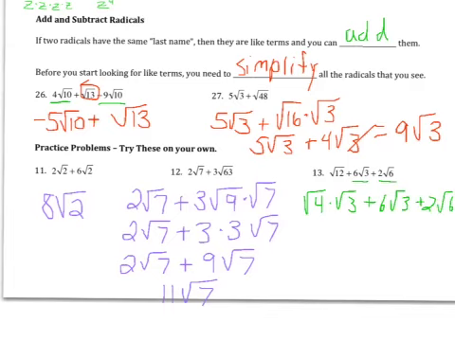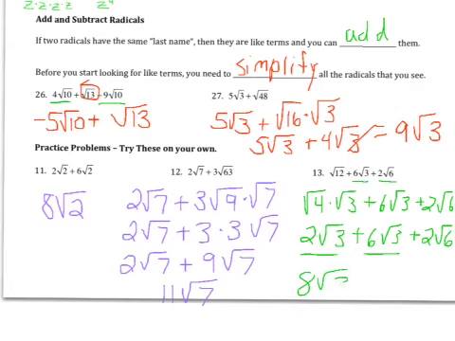And we know that the square root of 4 is 2. So we have 2 root 3 plus 6 root 3 plus 2 root 6. And we can combine 2 root 3 and 6 root 3 since they have the same last name. So 8 root 3 plus 2 root 6 is our final answer.